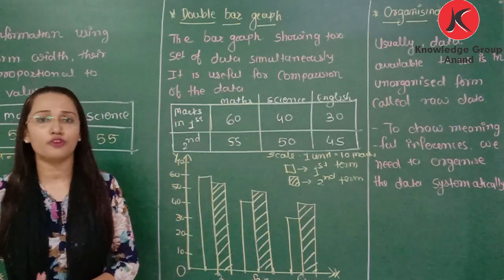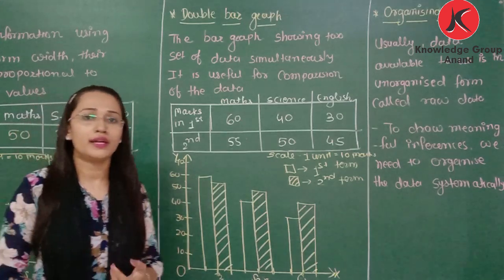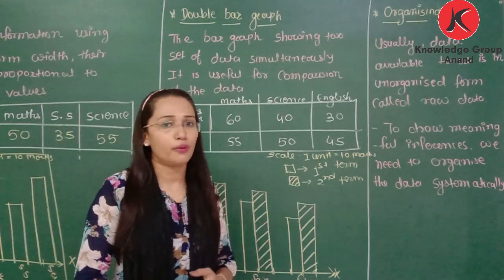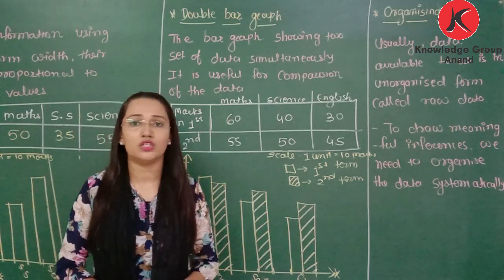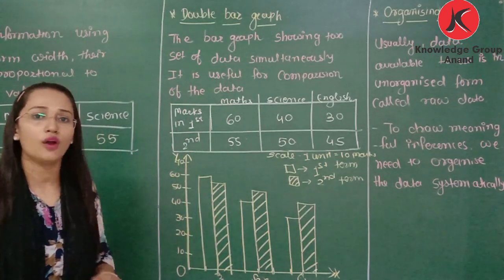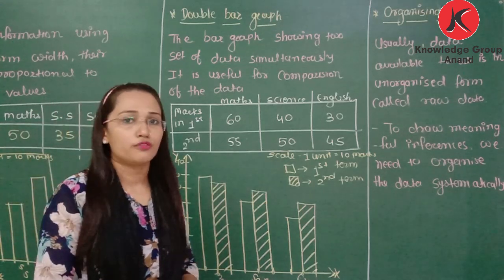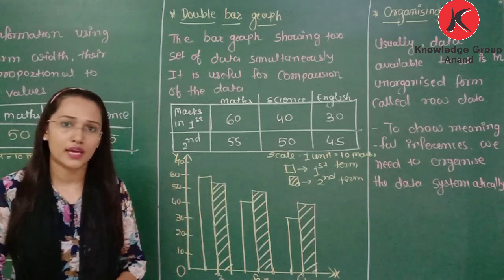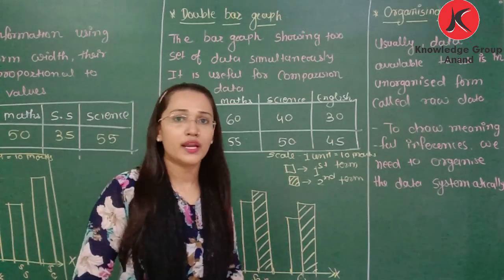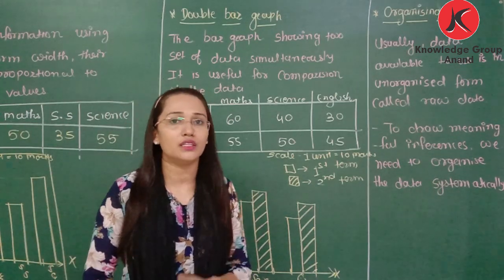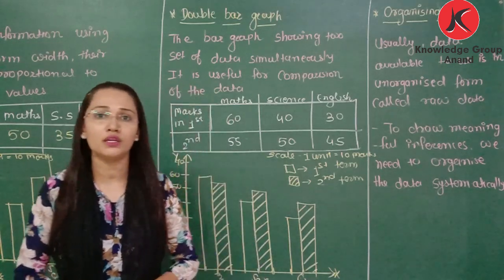Okay, to gather information from the given data, we need to collect the information and organize it systematically. We can arrange it in a graphical representation or we can arrange it in a tabular form. So there are different ways to organize the data. But first of all, we need to gather the information and organize it so we can get meaningful information from the data.